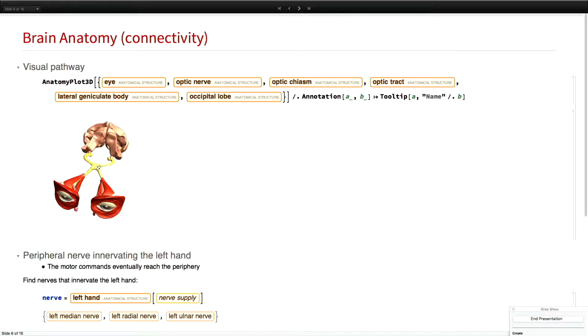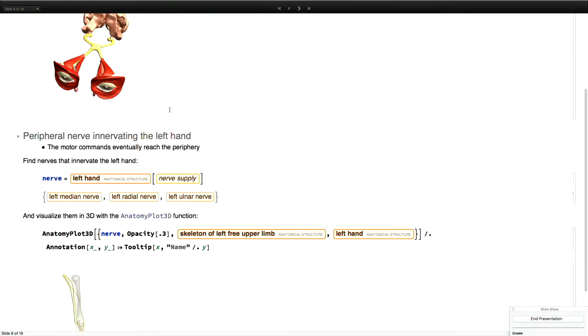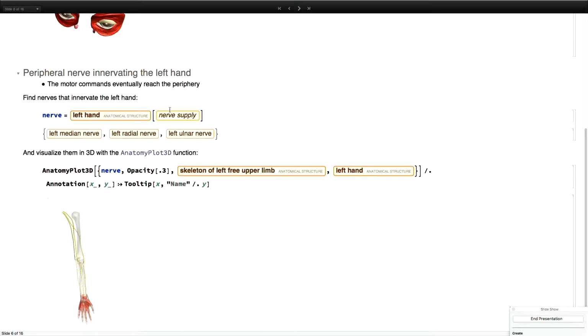And the brain integrates the input with other information and sends commands back to the periphery for motor response. So for example, we can find nerves innervating your left hand and visualize those nerves.